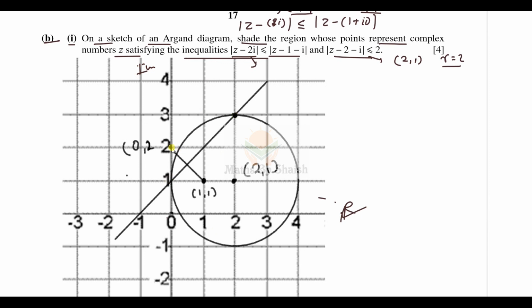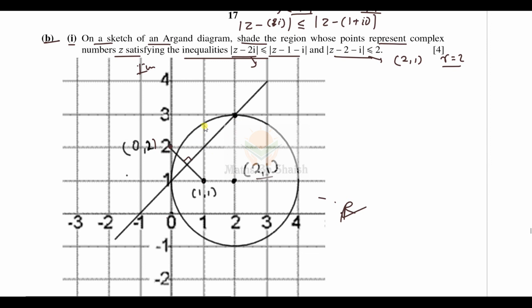This line is a perpendicular bisector of the line joining these two points, and another circle is with center 2, 1, and the radius is 2. So we need to shade this. We can see this is less than this, so we'll shade this region here.